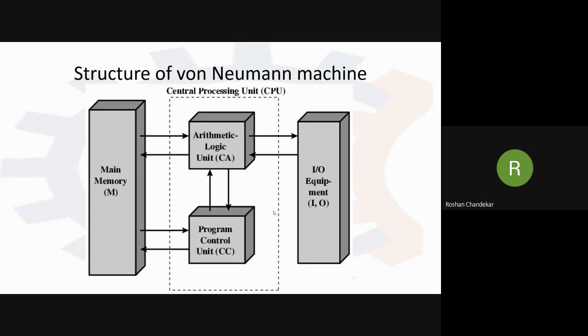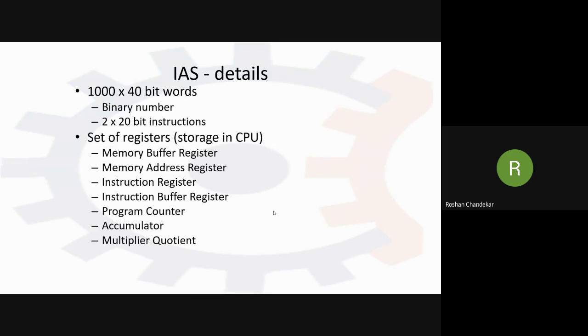Now, the IAS details: the set of registers that are storage in the CPU. What is the storage capacity of the IAS computer? There is a memory buffer register, where we store the instruction sets, the temporary instruction set we use for execution.